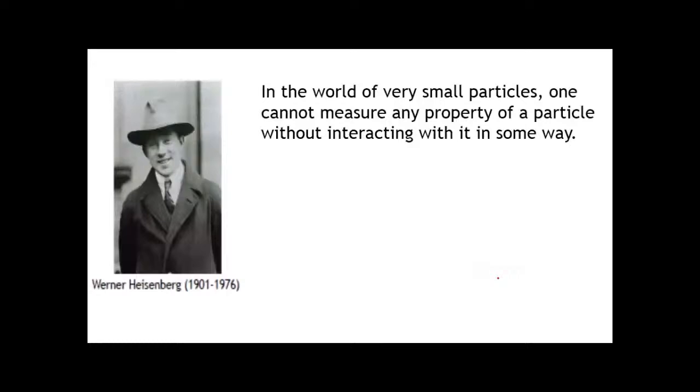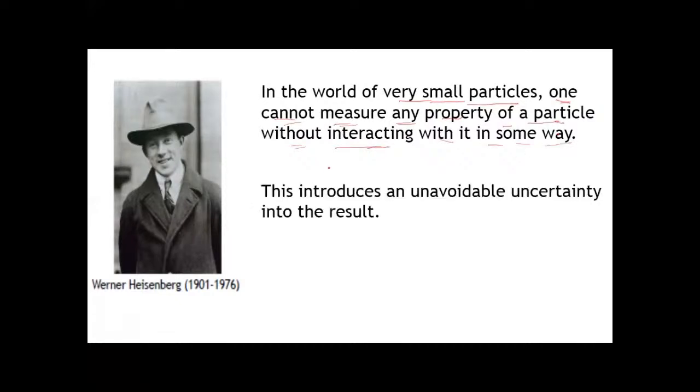Heisenberg realized that in the world of very small particles, one cannot measure any property of a particle without interacting with it. This introduces an unavoidable uncertainty into the results.